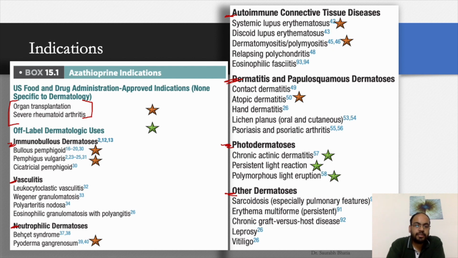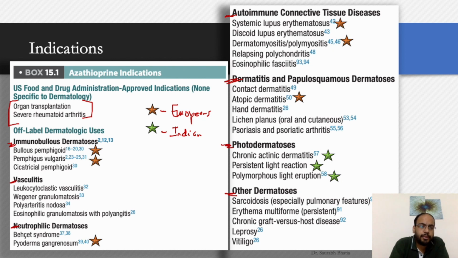You will see two colored stars here. The orange stars are the diseases in which the European societies have used azathioprine and are okay with it. The green ones are the Indian scenario, where azathioprine has been used and found to be significantly effective. To recapitulate in a single slide, all these indications are ones in which azathioprine has been used, some more in the European population, some more in the Indian population.